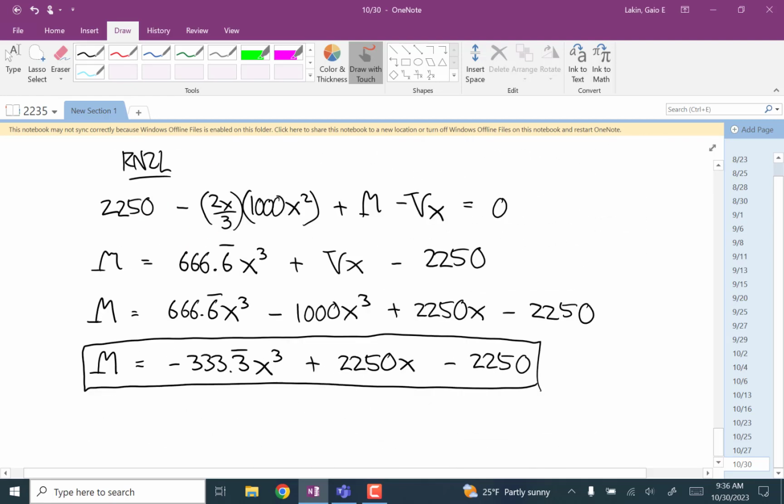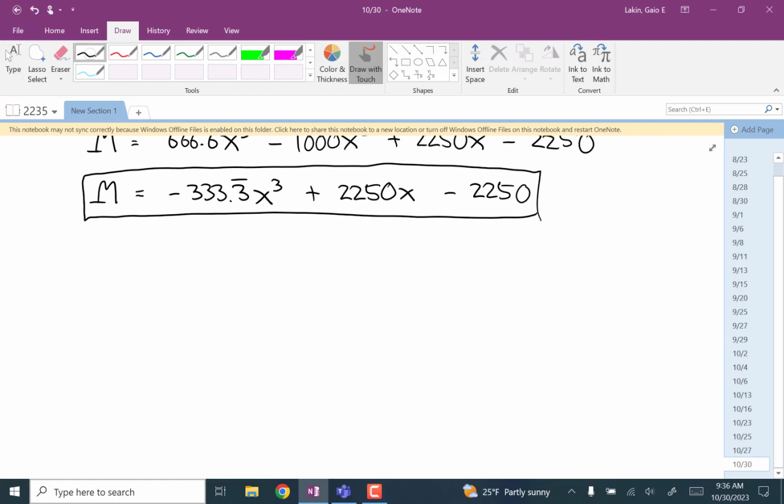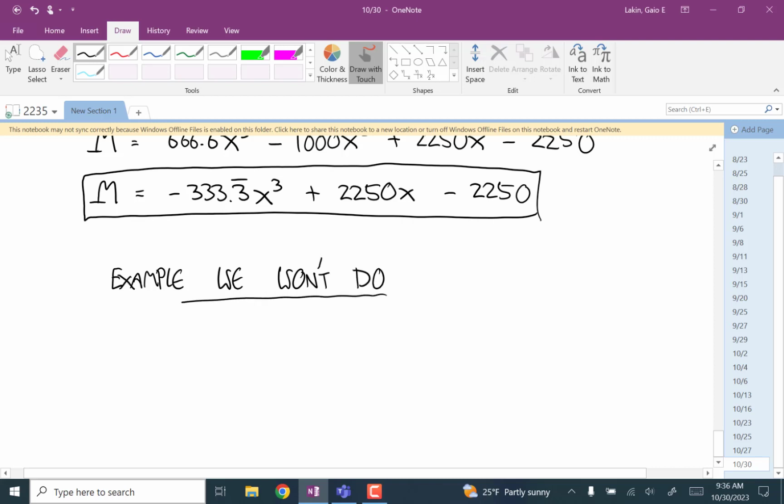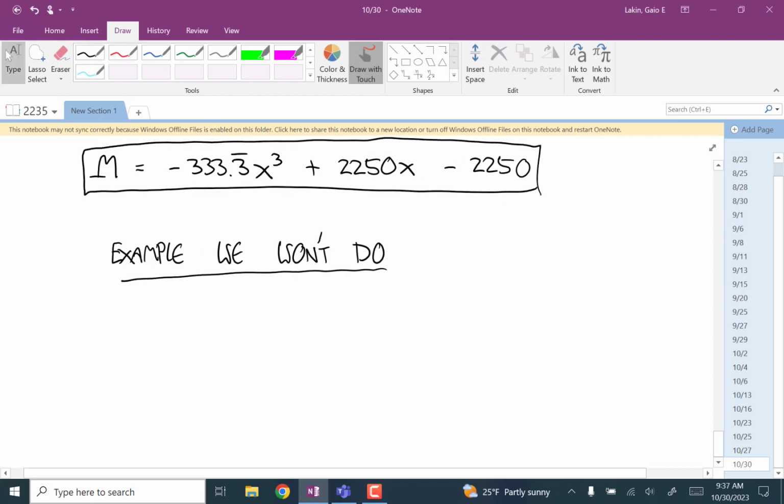Okay. I want to show you something, but we're not going to do this calculation. Here's an example we won't do. Let's say we have a beam that's cantilevered over here.